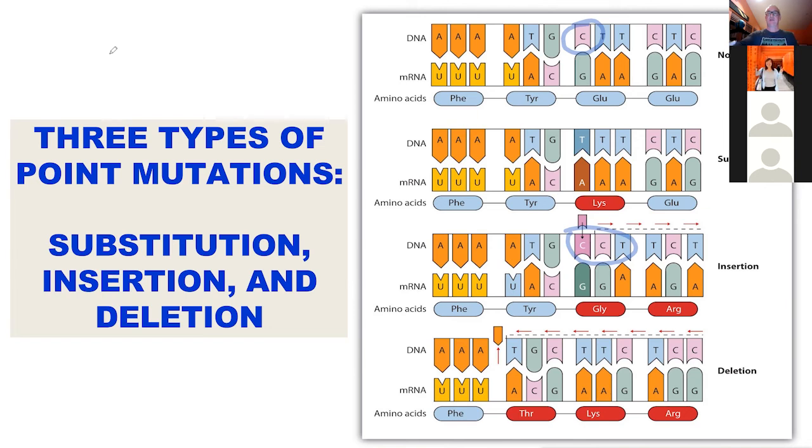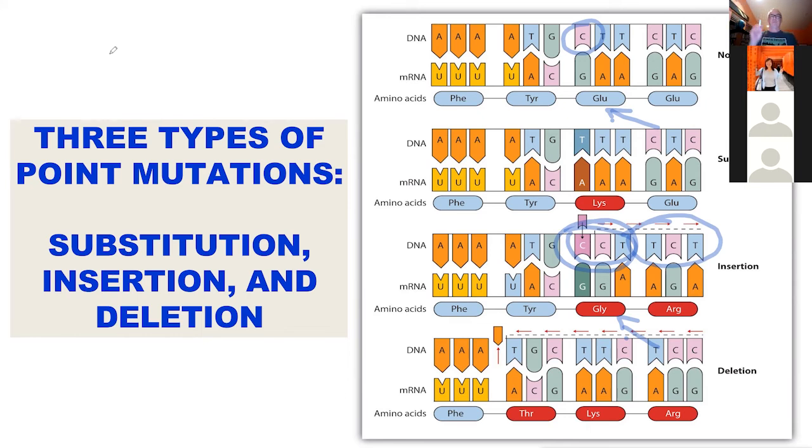So now we've changed this glutamine to a glycine. And since we've added another letter, we've screwed up the whole triplet codon all the way down the line, because we've added a new letter for that codon. Now we've added a new letter for this one, and the next one, and the next one, and the next one.